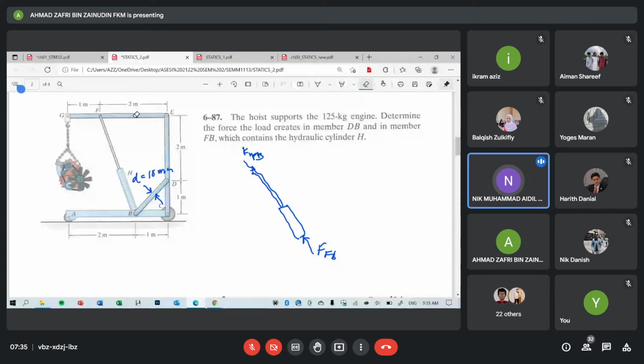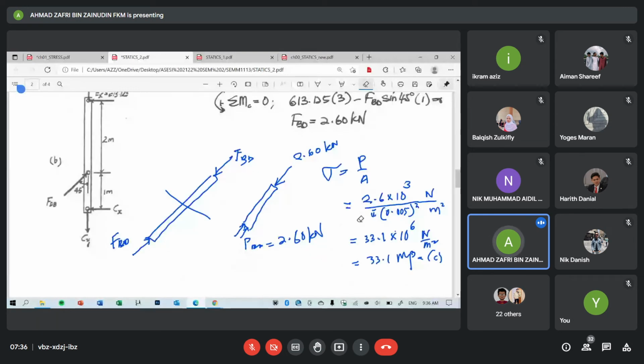Is it going to change into meter squared, or do I just use that? It's okay. You want to maintain millimeter, no problem. You can maintain the area in millimeter. Let's say we solve this.